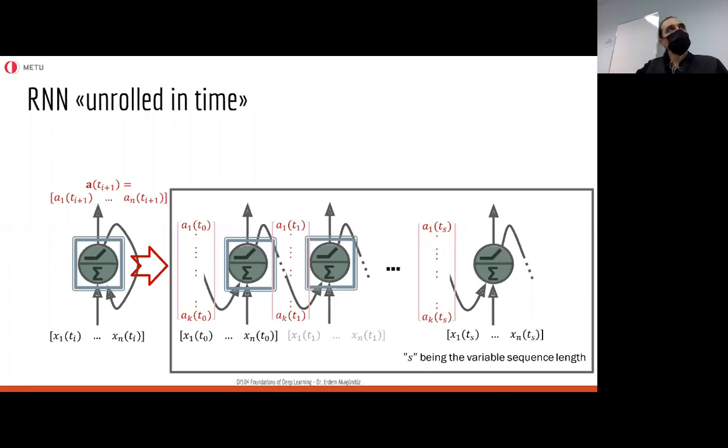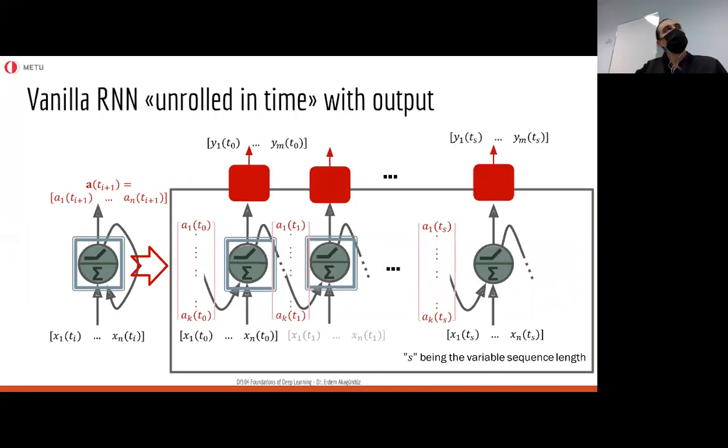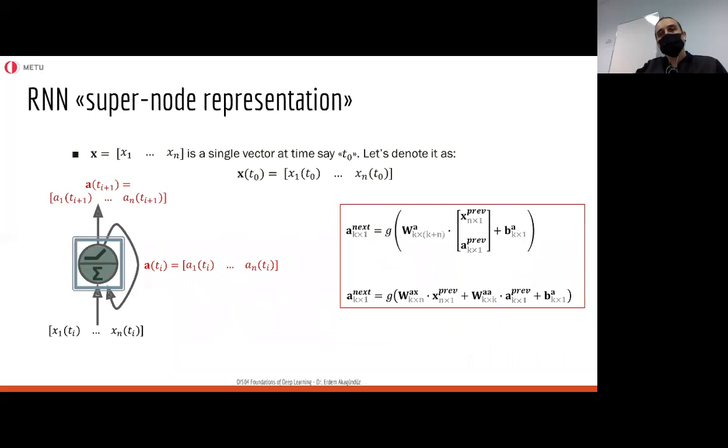So what I'm going to do is something called unrolling in time. What is unrolling in time? This is something you need to understand about recurrent neural networks, because when you understand what unrolling in time is, you understand how they work.